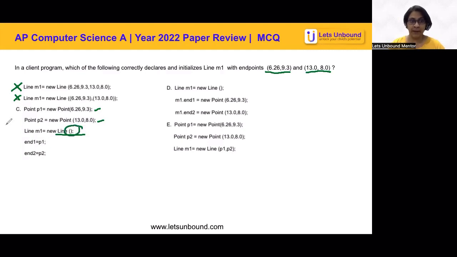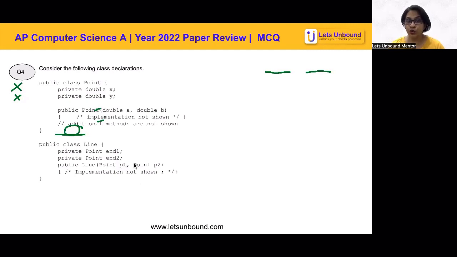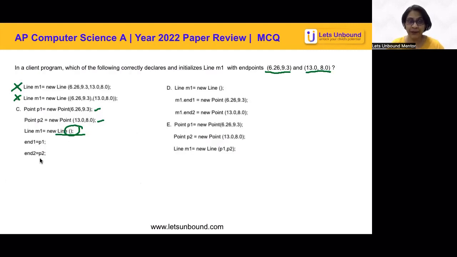But as we look into the code, it accepts 2 parameters. Since we are not passing any parameter, we will eliminate this. The same thing is happening in option D: Line M1 is equal to new Line, no parameters. Eliminate it.